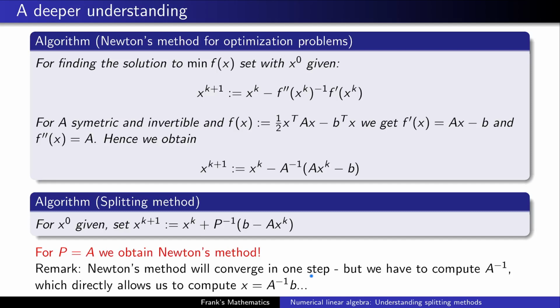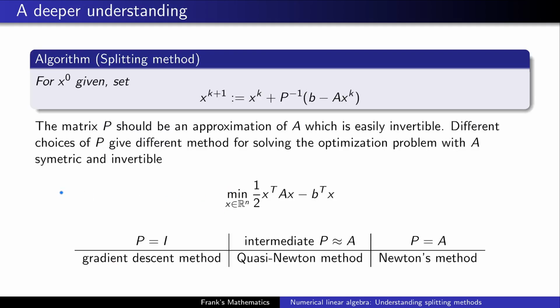We have now seen two extreme values for P. P chosen to be the identity will give us the gradient descent method. P chosen to be the matrix A will give us Newton's method. What if we choose P to be something in the middle? And this is the idea of this slide here.